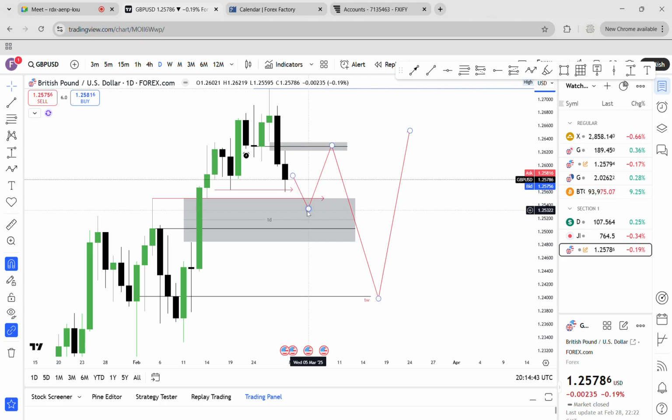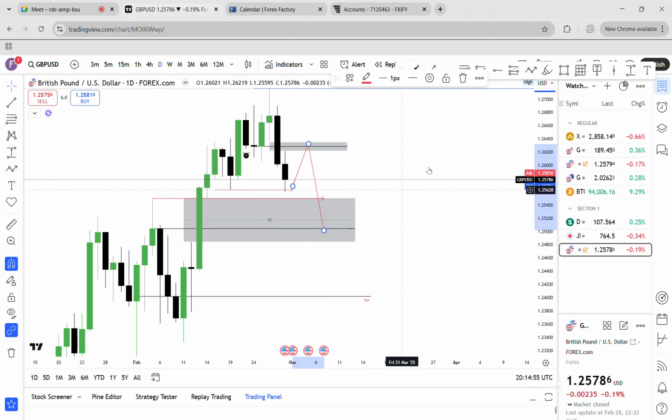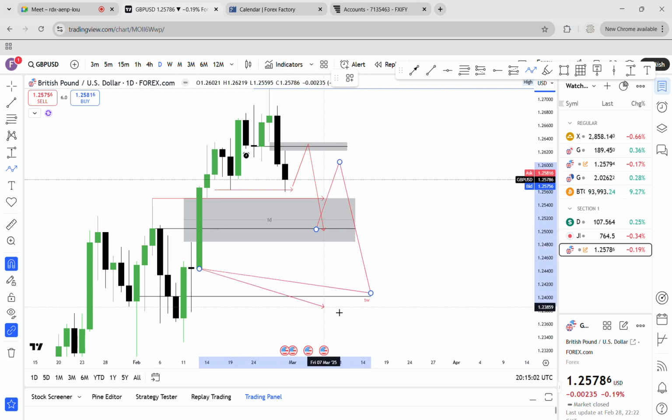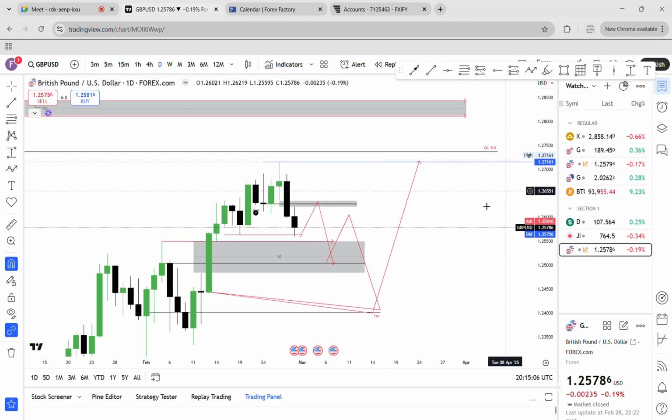We come down, mitigate this area, come here, rebalance this area to continue going down, or we just come here, take out this high into this area and seek this low, break structure, then probably a pullback, then continue going down here or here before that rally will occur. That's all.